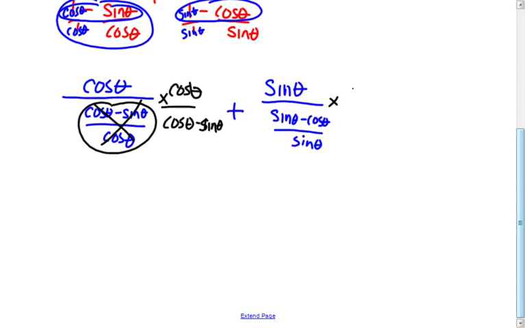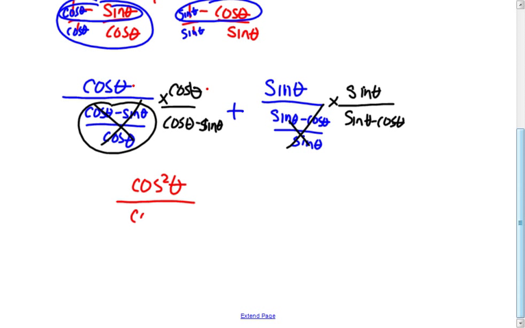So I will multiply by sine over sine minus cosine. Those will cancel out. So now what I have is this. Cosine times cosine right there is cosine squared over cosine minus sine. Plus in the middle, sine times sine is sine squared over sine minus cosine.